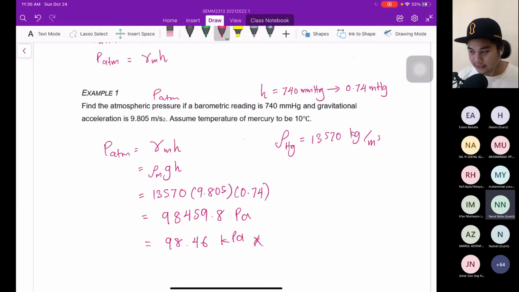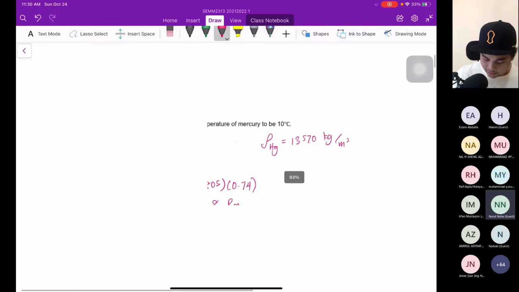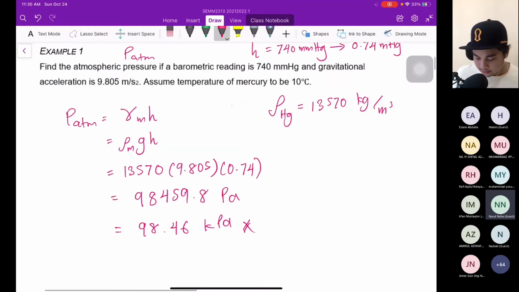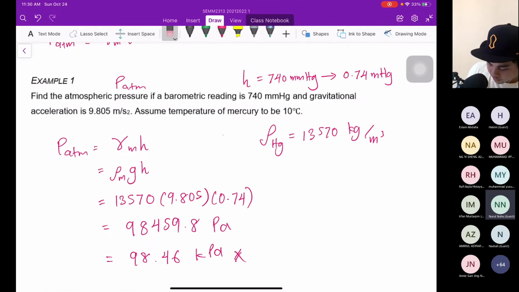Okay, that's it. This is the atmospheric pressure. Why is there a difference from our standard? Because you can see it is at mercury 10 degrees Celsius. Different temperature will give different density property.